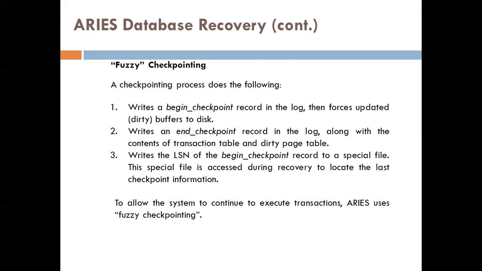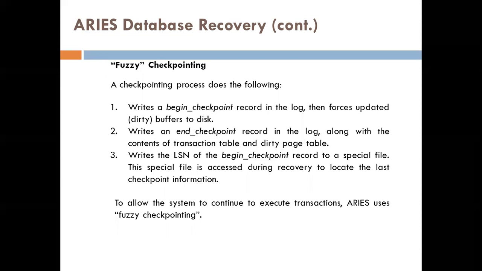Those things are also written to the log file. It also writes the log sequence number of the begin checkpoint record to a special file. This special file is accessed only during recovery to locate the last checkpoint information.